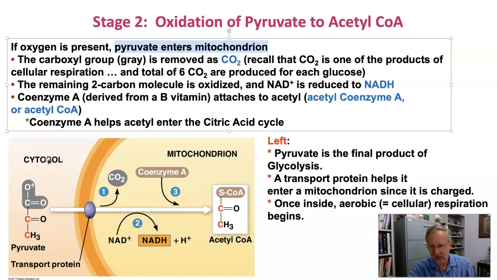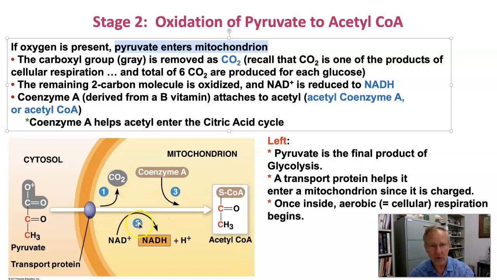That carbon dioxide is going to be brought to your lungs and you blow it out. So all the carbon dioxide that you're exhaling when you blow air out of your lungs is coming from inside your mitochondria. And this is one of the steps where it's being produced.